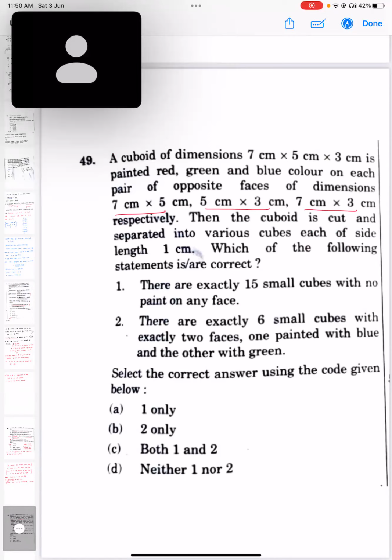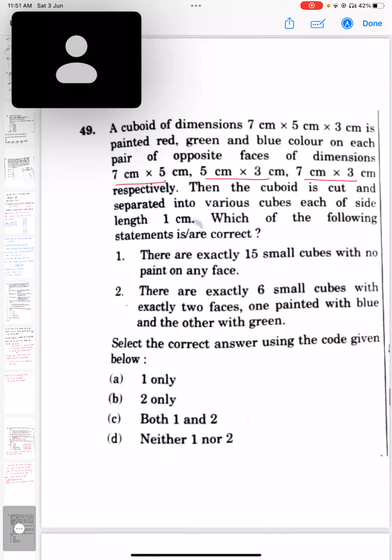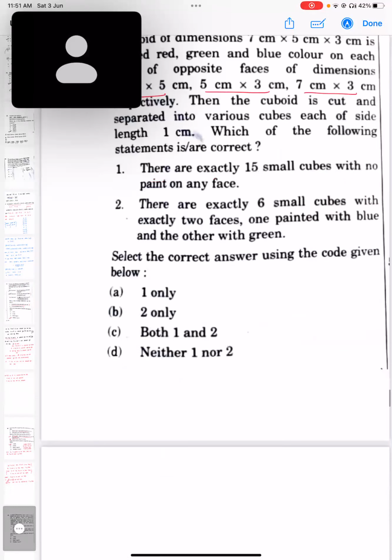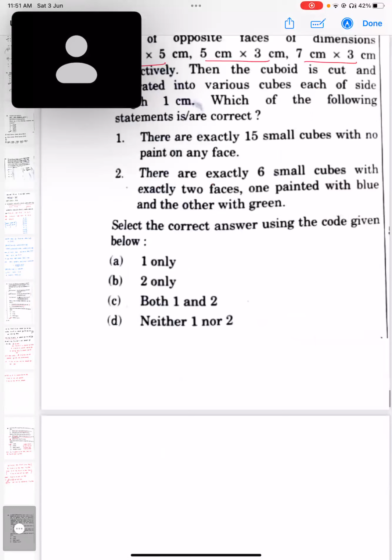So we have to imagine a cuboid, with length 7 centimeter, breadth 5 centimeter, and height 3 centimeter.